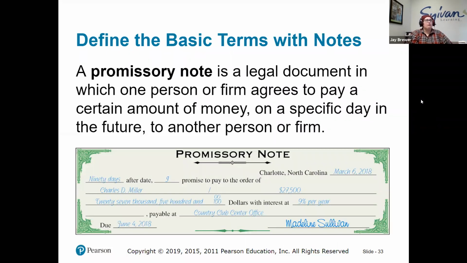Define the basic terms with notes. A promissory note is a legal document in which one person or firm agrees to pay a certain amount of money on a specific day in the future to another person or firm. So these are very interesting.